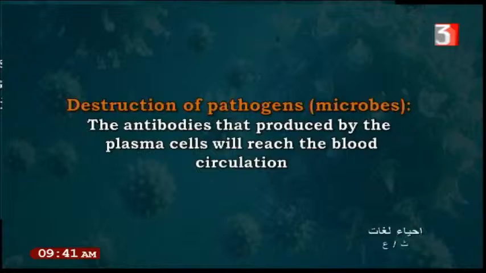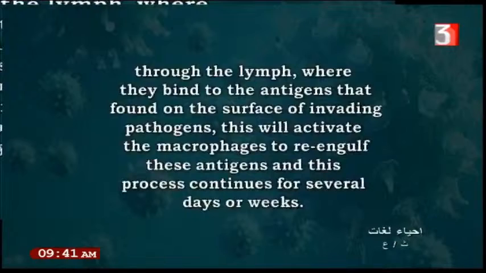The antibody produced by the plasma cells reaches the blood circulation, killing the microbes inside it, through the lymph, where they bind to the antigen found on the surface of the invading pathogen. This will activate the macrophage again to re-engulf this antigen, and this process continues for several days or weeks. This is if the infection occurs the next time.